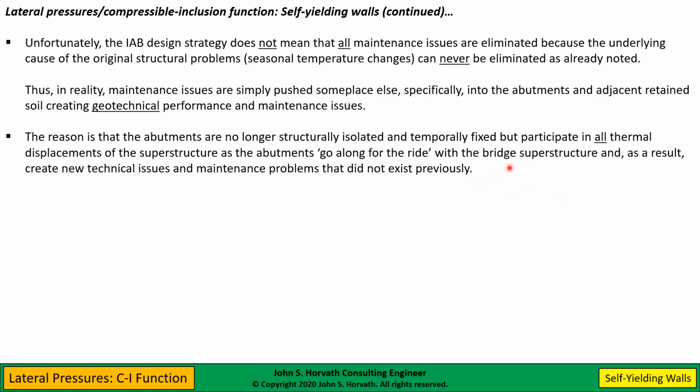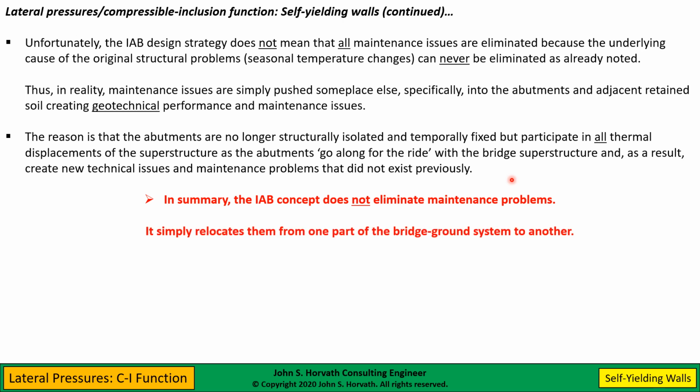And as I said, this creates a whole new raft of technical issues and maintenance problems that did not exist with traditional jointed bridges. Worth emphasizing, the IAB concept does not eliminate maintenance problems. It simply relocates them from one part of the bridge ground system to another.